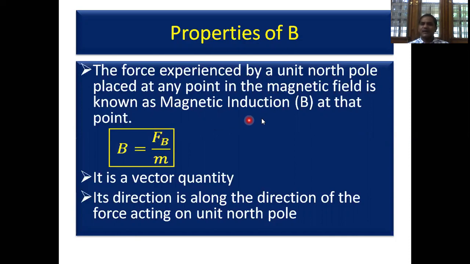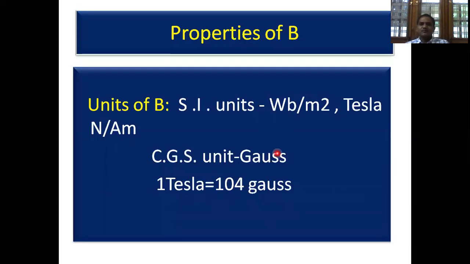So magnetic induction is denoted with the letter B bar. It is a vector quantity. Its direction is along the direction of the force acting on the unit north pole. Now, the SI units for B are Weber per meter square, Tesla, Newton per ampere meter.